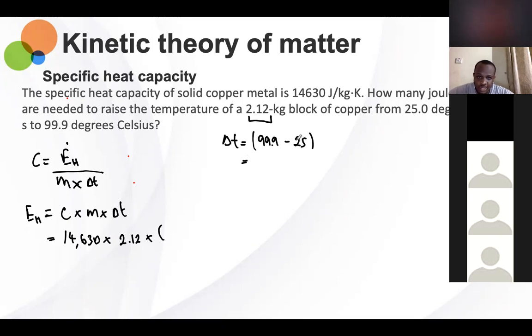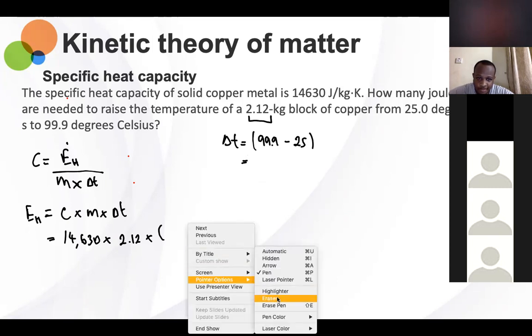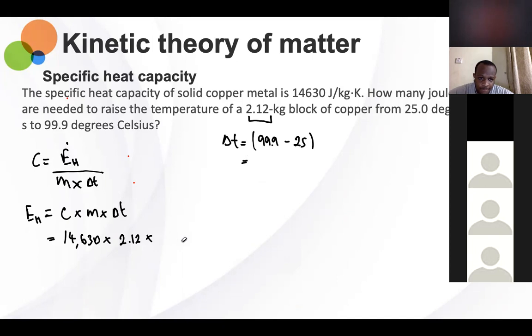All right, could someone get their calculators and work this out for me? How much do you get? 74.9. 78.9? 74. 74?